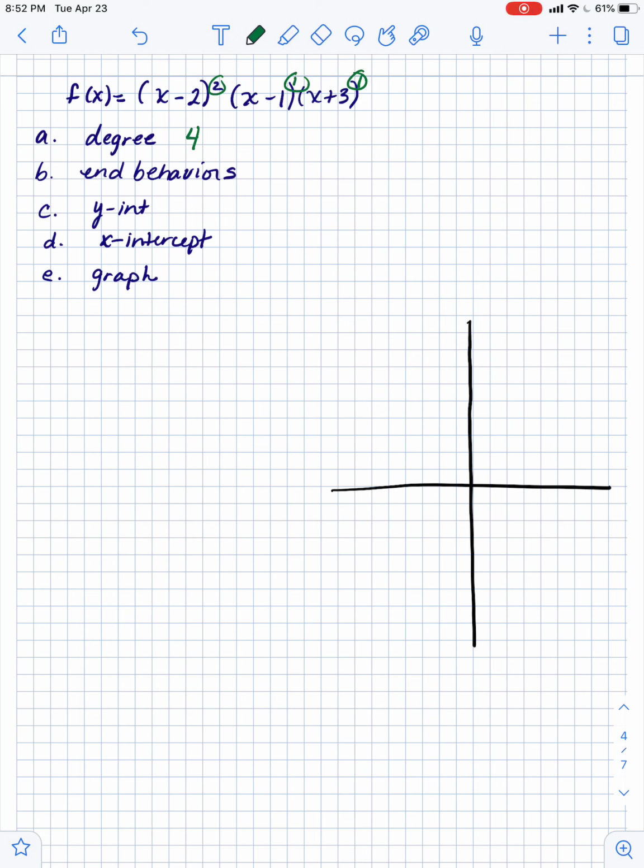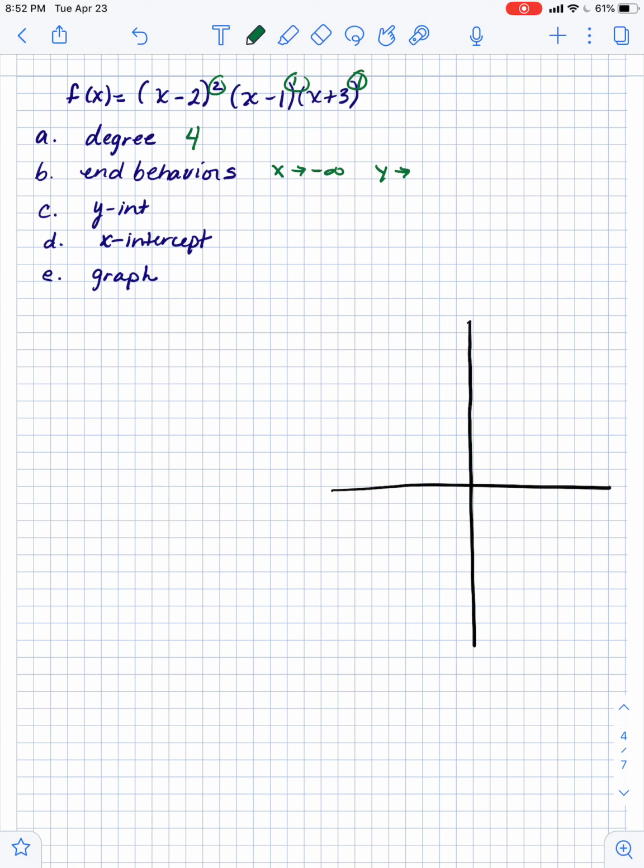Now, if it is a degree 4, what are your end behaviors going to look like? What's your graph going to look like? Okay, so I'm going to go ahead and jot this down. As x goes to negative infinity, your y is going to go to, what am I doing?